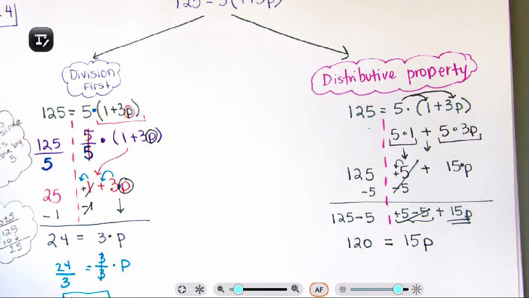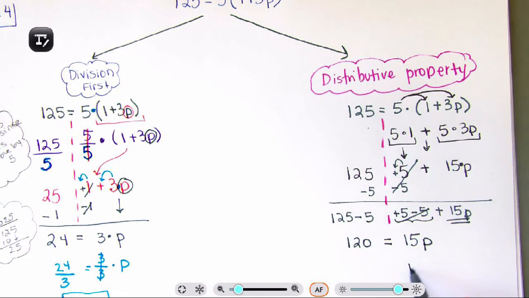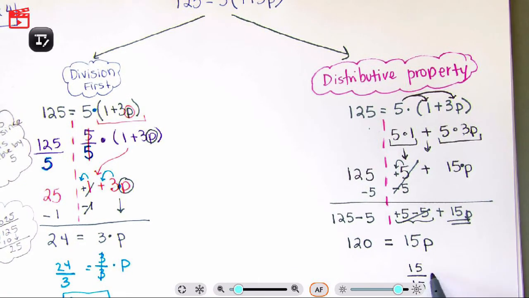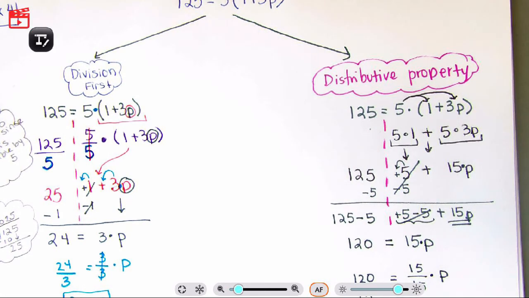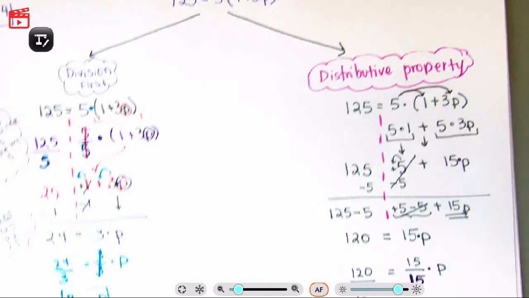So then I'm going to say 120 divided by 15. I'm going to divide both sides by 15. So I'm going to say 15 divided by 15 times p. Again, mathematicians are lazy, so there's a secret times there. And I'm going to say 120 divided by 15. Again, your dividing number has to be the same, and it has to be the number that is attached to your variable.